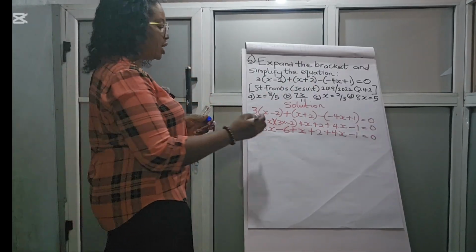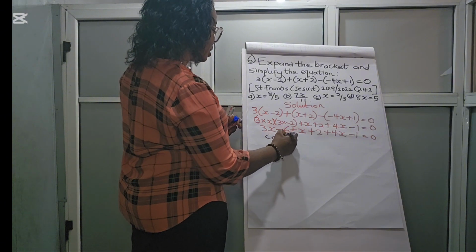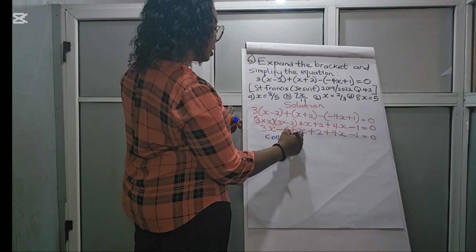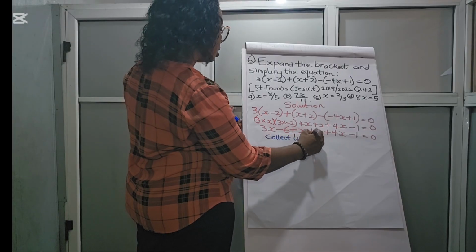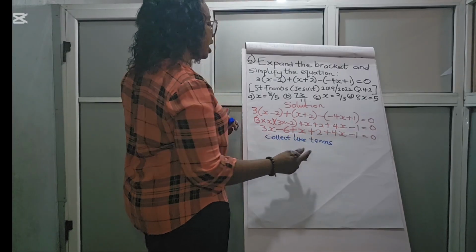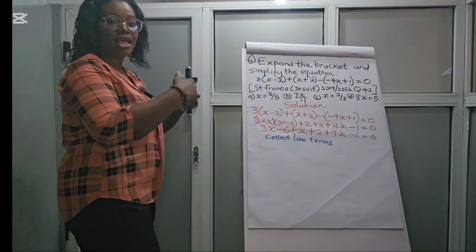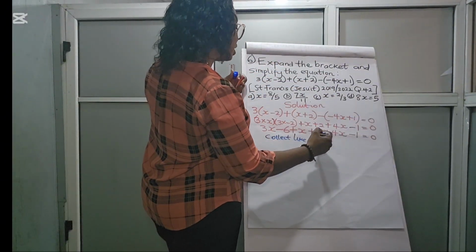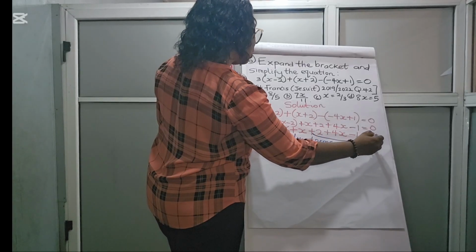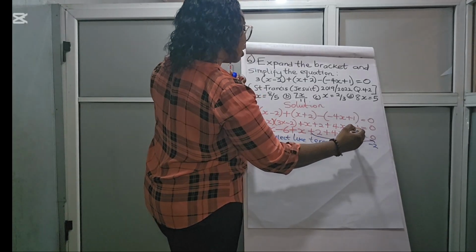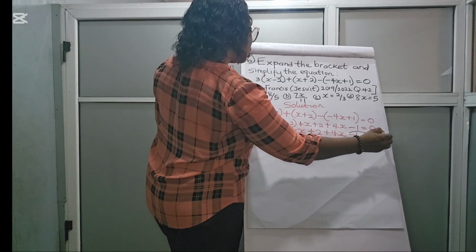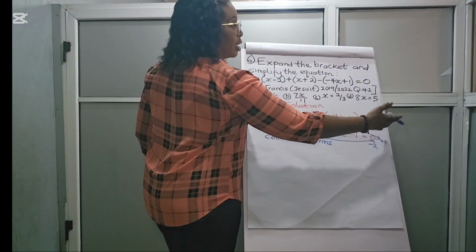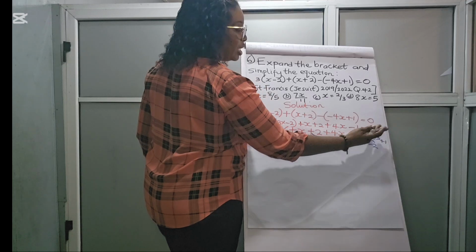The next thing we do here is to collect like terms. Let us bring the families of x together and whole numbers to the other side of the equation. All whole numbers move to the other side of the equation, after the equality sign.